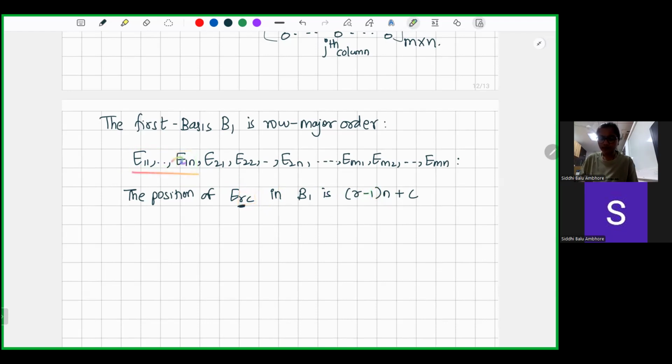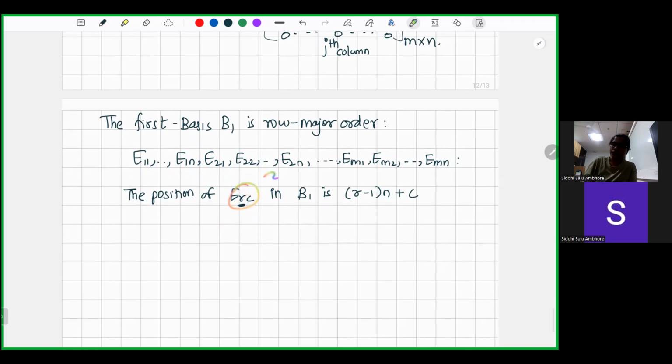And then after the first row is taken care of, n elements are done. For the second row, E2c, I have to check n plus 1, n plus 2, and then the n plus c position will have E2c as its element in the basis. So when I have the rth row, I have to take care of the rth row basis, meaning the one corresponding to the entries in the rth row.